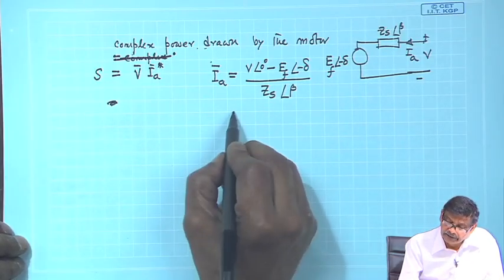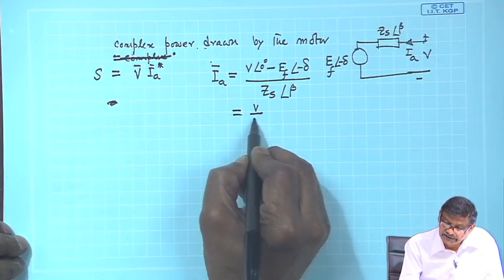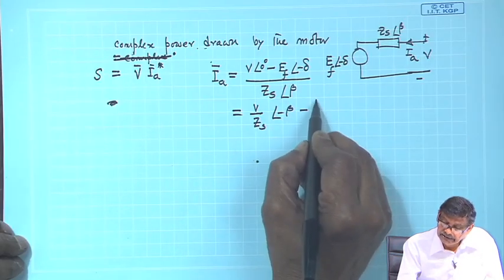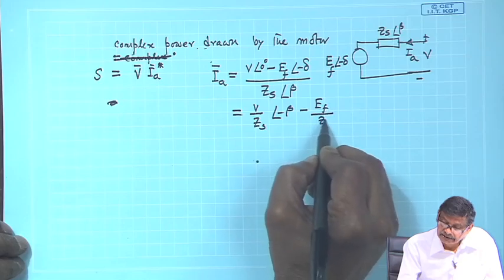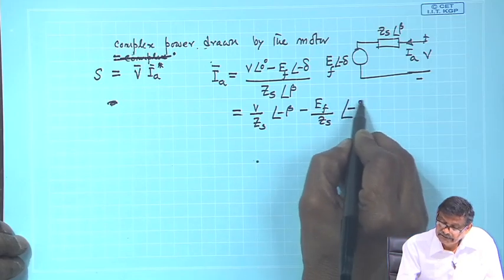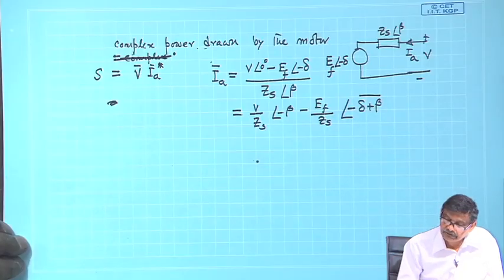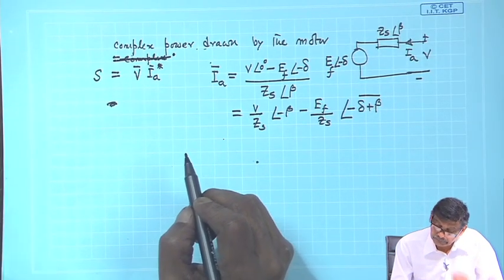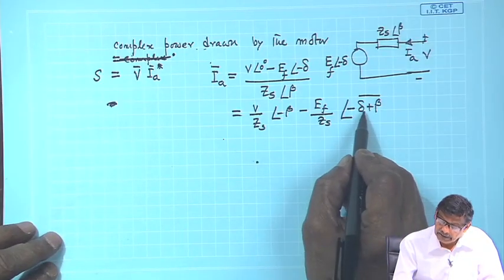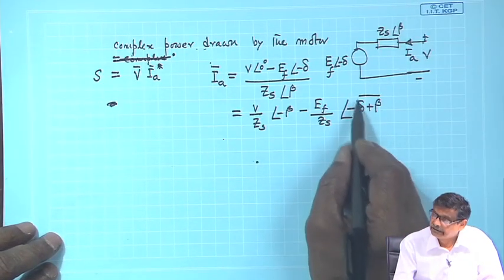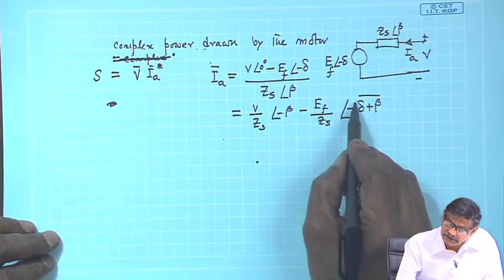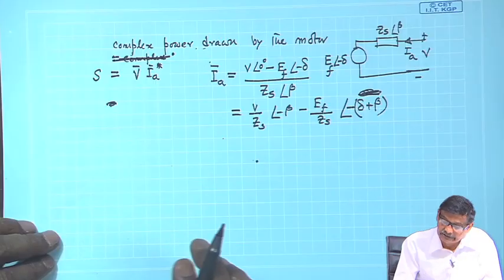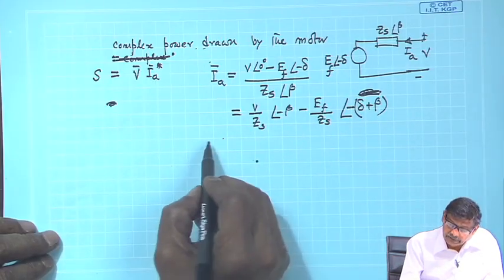And this will be equal to V by Z s angle minus beta, minus EF by Z s angle minus delta minus beta. If this bar confuses you, it is like this.